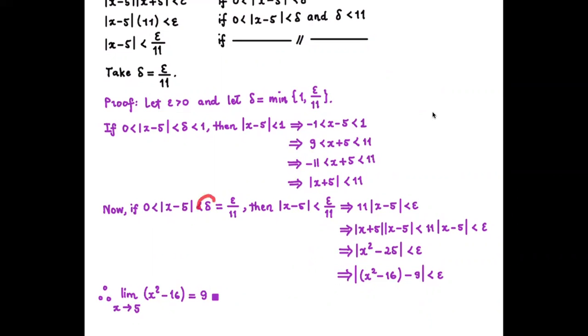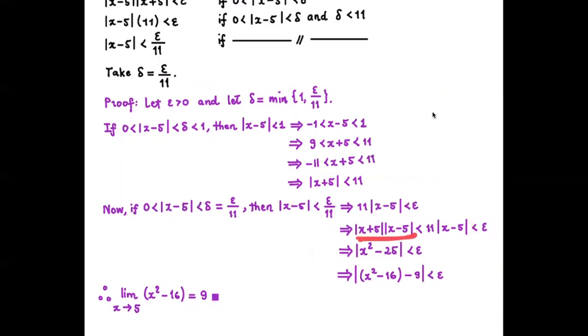And then the next one, we take delta to be equal to epsilon over 11. Now for this one here, notice, after we cross multiply, we again combine to obtain absolute value of x plus 5 times absolute value of x minus 5 is less than 11 times absolute value of x minus 5, less than 11, or less than epsilon rather.